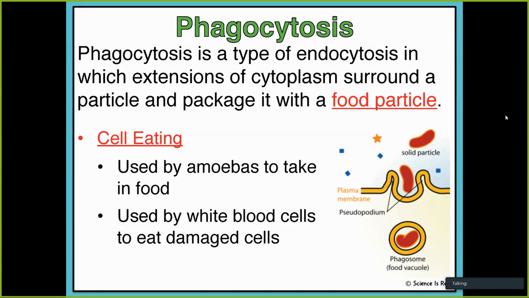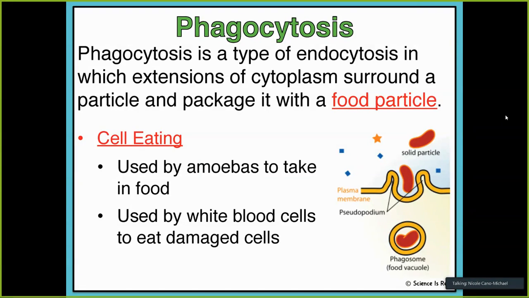Your white blood cells in your immune system, obviously in your blood, do this to, number one, eat damaged cells. And also, white blood cells do this to eat foreign particles in your bloodstream. Not to be disgusting, but if you've ever cut yourself and then your cut got infected, and maybe it gets a little swollen, and then you squeeze it a little bit, and then the pus comes out.